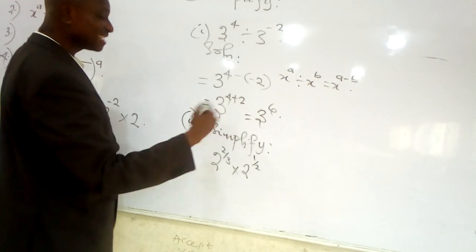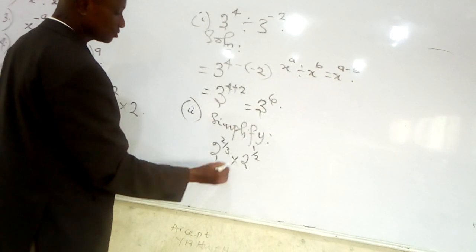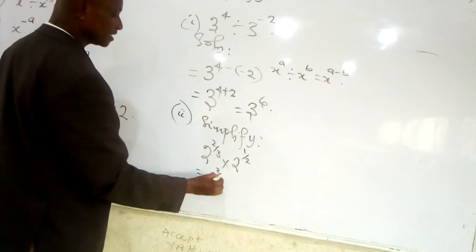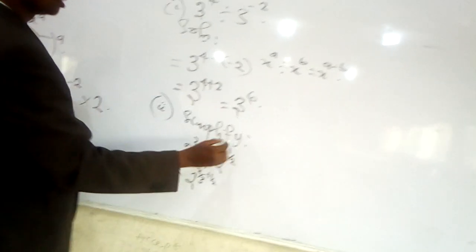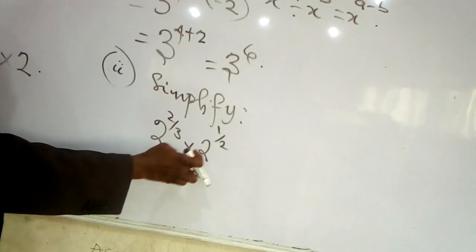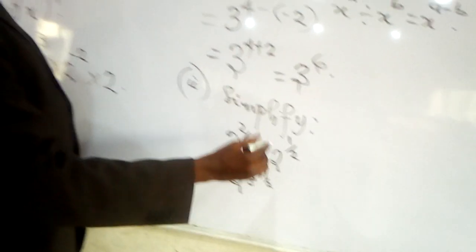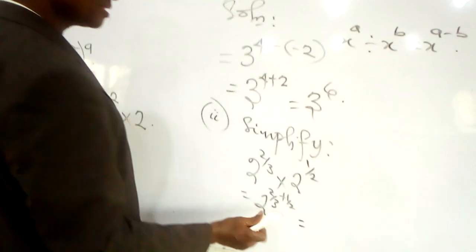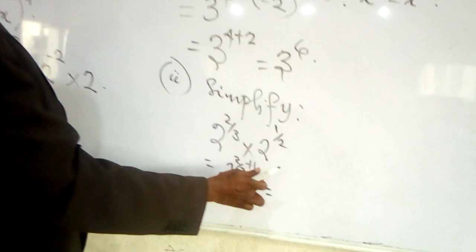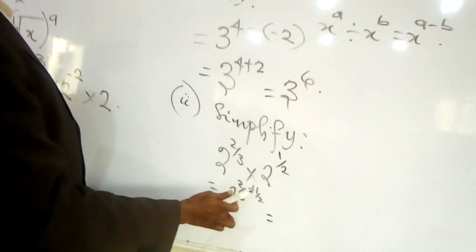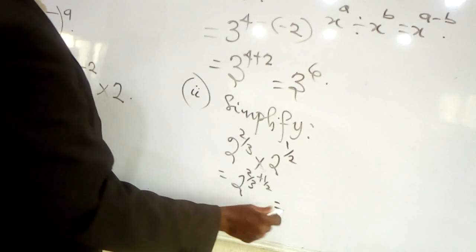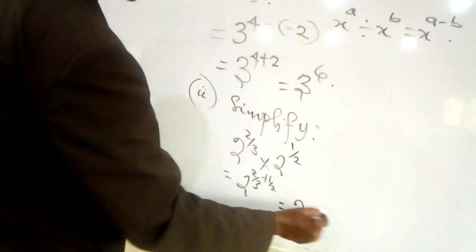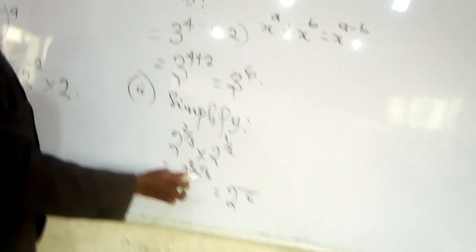It still follows the same methodology, and this is going to give you 2 raised to the power 2 over 3 plus 1 over 2, because as you multiply, you are adding the powers, which are the exponents. And the LCM of 3 and 2, what is the LCM between 3 and 2? It is 6. So it will be 2 raised to the power with 6 as the denominator.